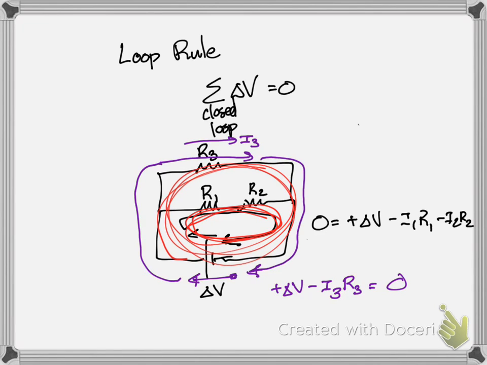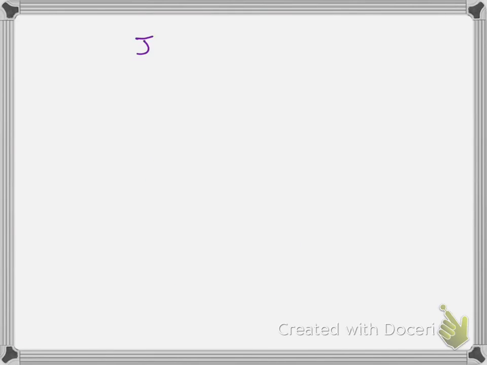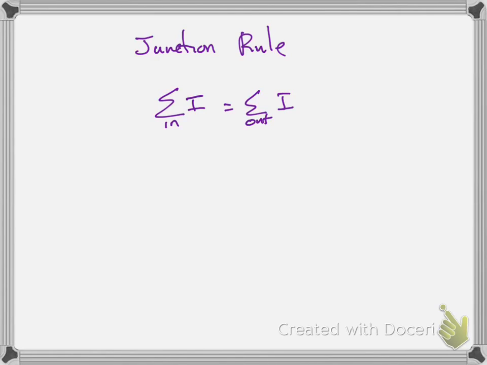So that's Kirchhoff's loop rule, and then there's Kirchhoff's junction rule. The junction rule says that all the current into a junction equals all the current out of the junction. The sum of all the current into a junction equals the sum of all the current out of the junction.